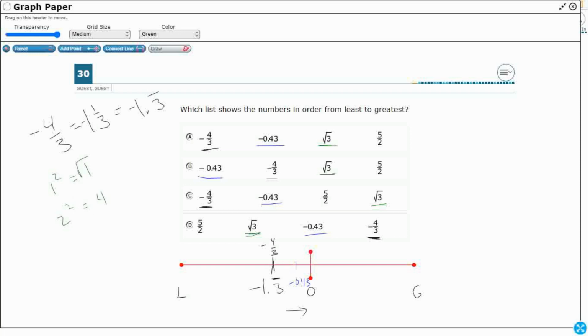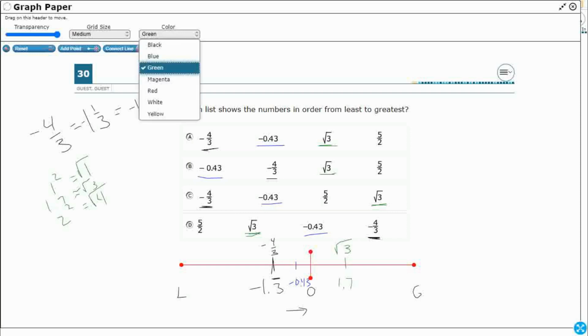So the square root of 3 is going to fall in between there, but lean closer to the 2 than the 1. In between is 1.5, so I'm going to call it maybe 1.7-ish. We'll double check. Either way, it's going to be over here on the right, because it's positive.